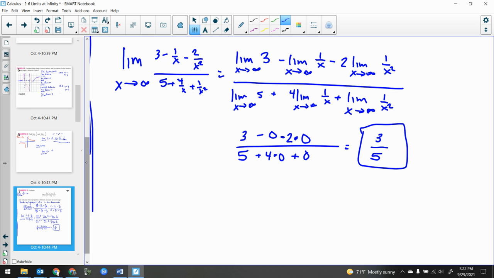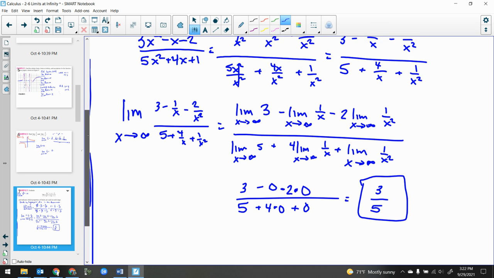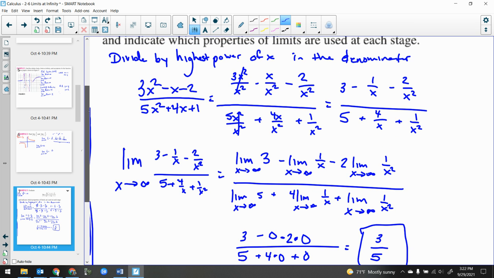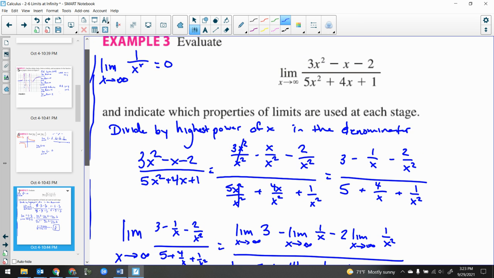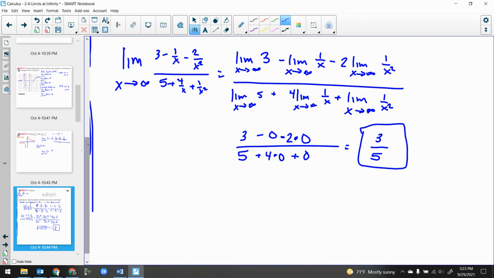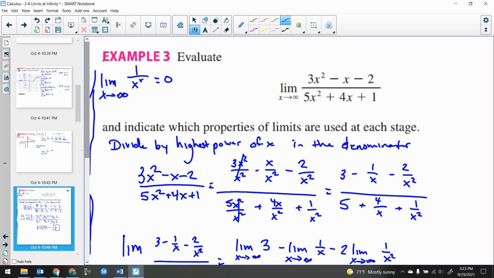Now, think back to our Algebra 2 days. I used weird terminology when I talked about this, but if I had said to you, where is the horizontal asymptote of this thing, you would look at two things. If this is a rational function and it's top heavy, there is no horizontal asymptote.